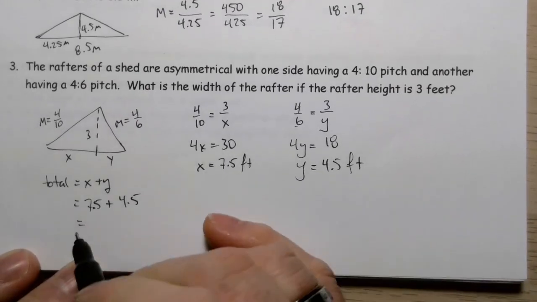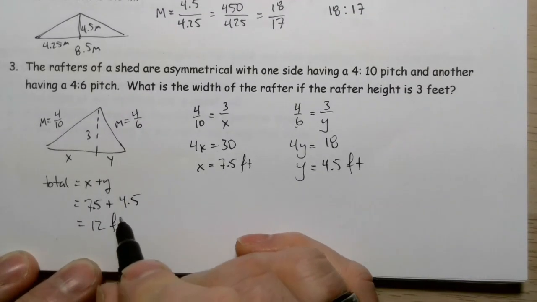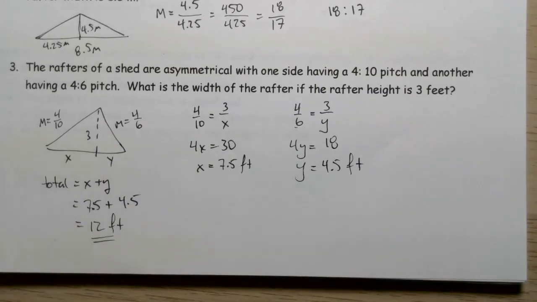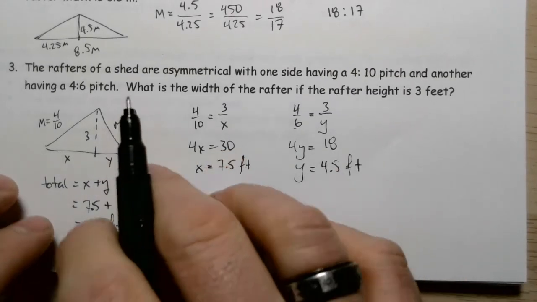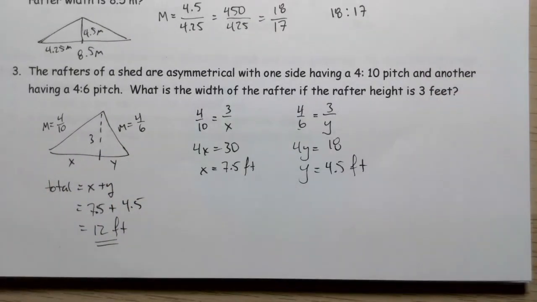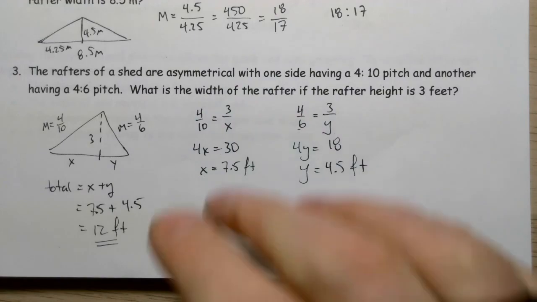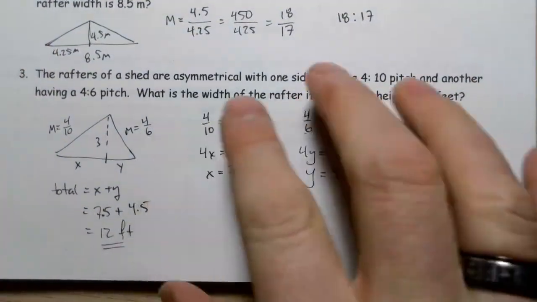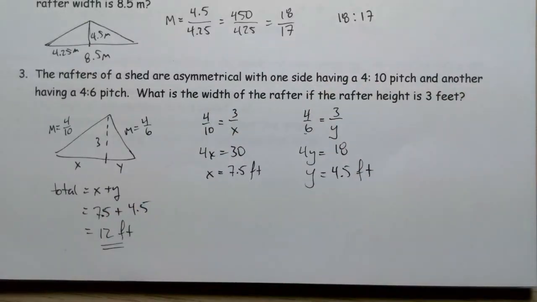And when you add those together, we get 12 feet total across the width of that rafter. This is the sort of question I was talking about up here when I said that usually we simply divide them in half. But we don't have to. Depending on the shape that you want, you can have these asymmetrical rafters.